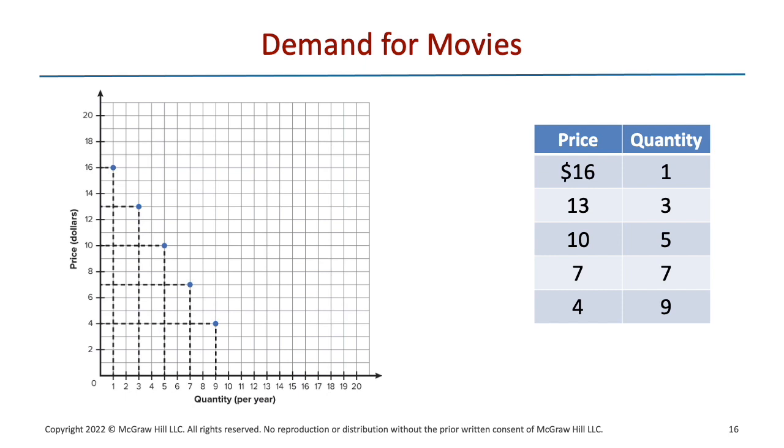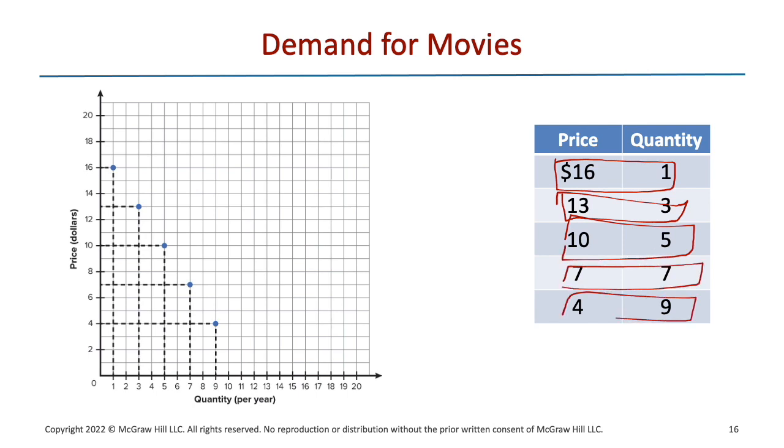And so what we see here is each one of these levels is going to be part of our graph. You simply plot your quantity here and your price there. So at $16, we have a quantity of 1, and we just plot our dot there.